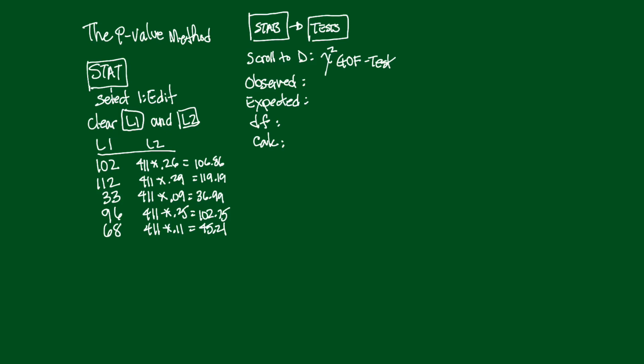How do you get to L1? You press second and then the number 1. Enter it. Then L2 is our expected, so second, then 2. It should come up with degrees of freedom 4 because it already knows how many classes we have.